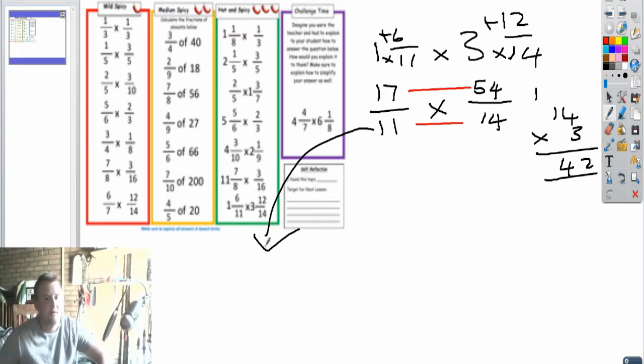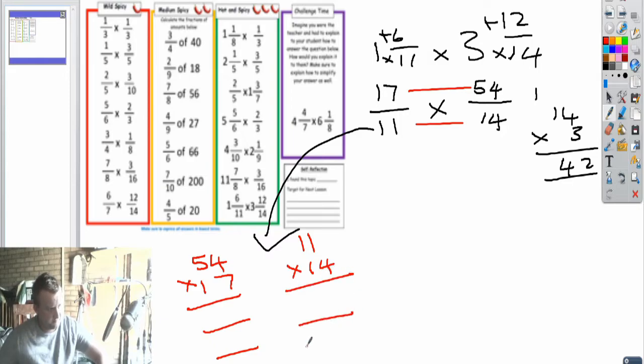I just need to make sure I'm not doing it over where my camera is. So let's do 54 times 17 on this one, and then 11 times 14 over here. And then we're good to go. That might be too small, actually.